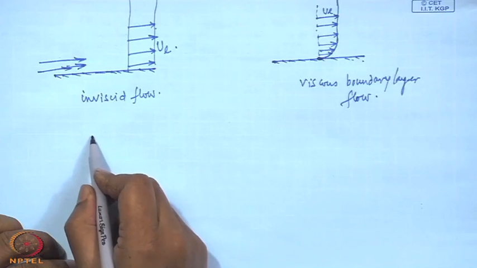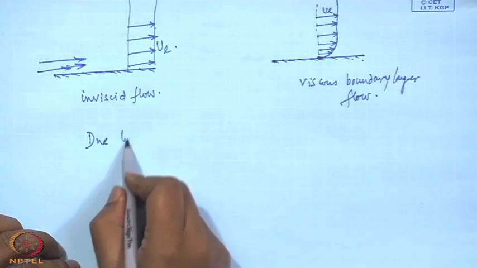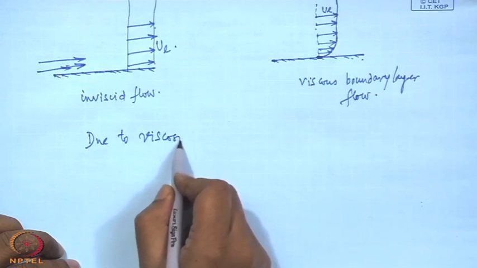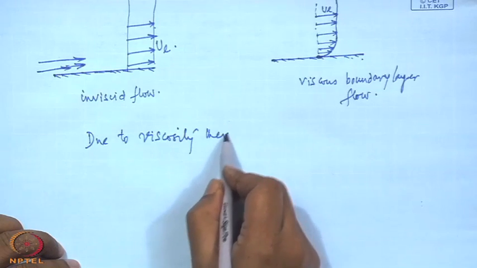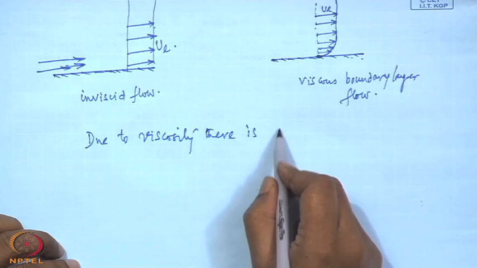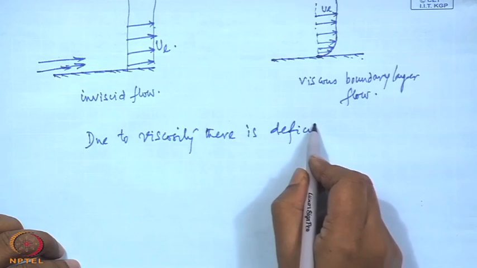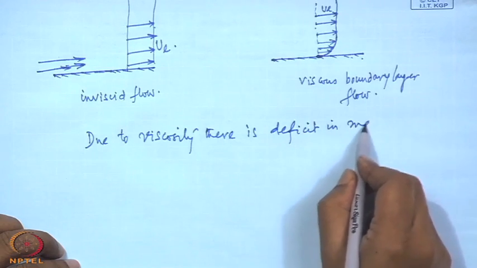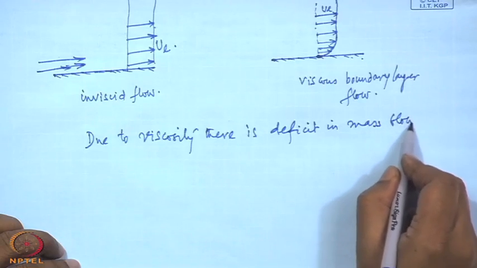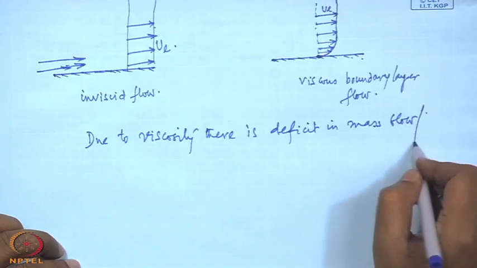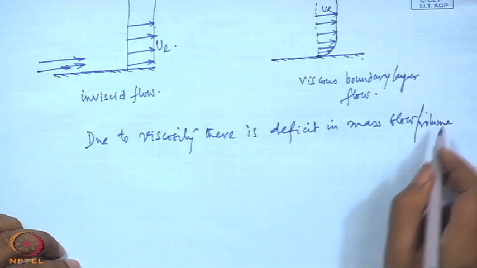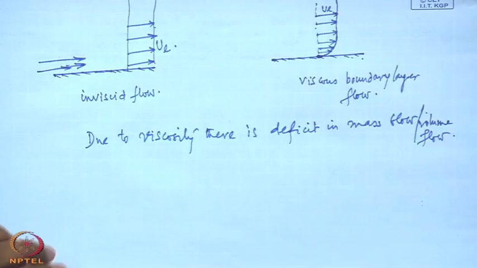So, you can say that there is a deficit of volume flow, or volume flux, whatever you call it.